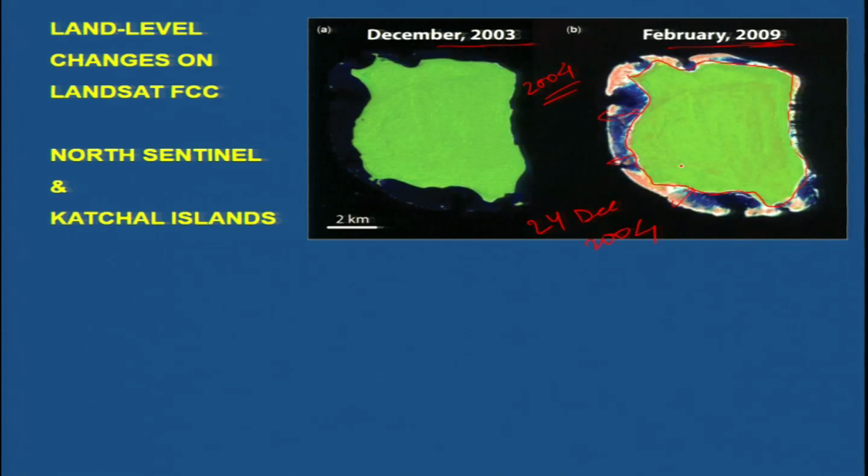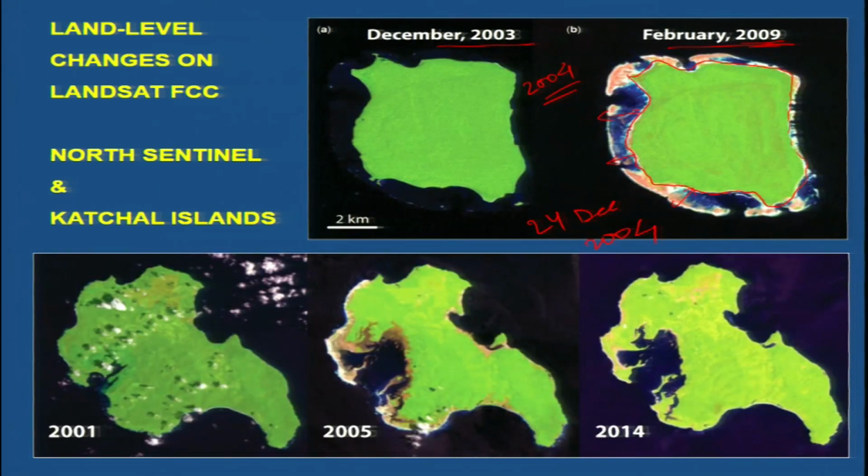In a similar way you can see another island, it is Kachal Island. This island shows submergence, and it has lost most of the land lying along the shoreline or the coastline, okay.